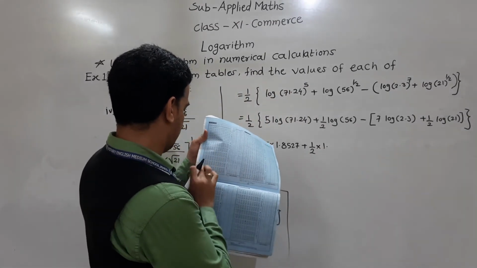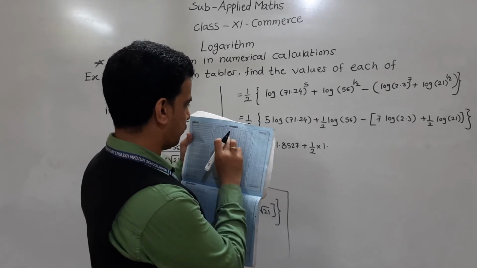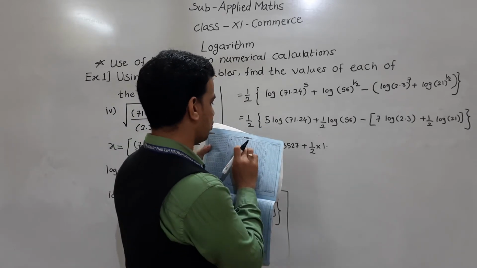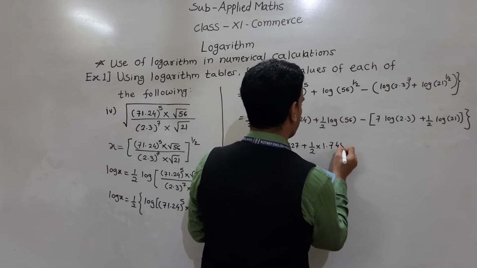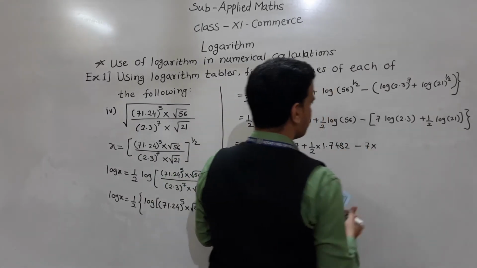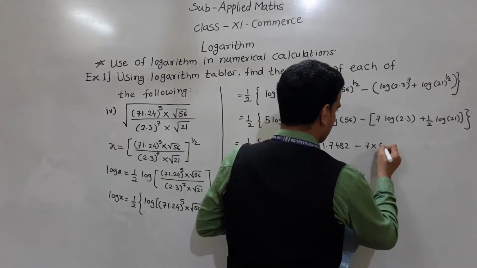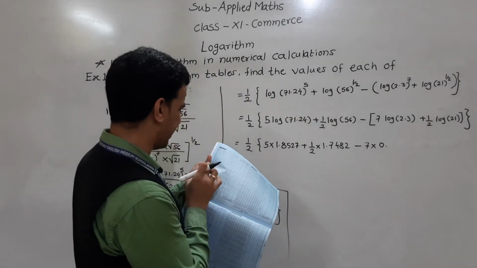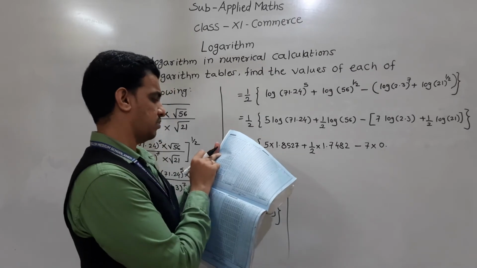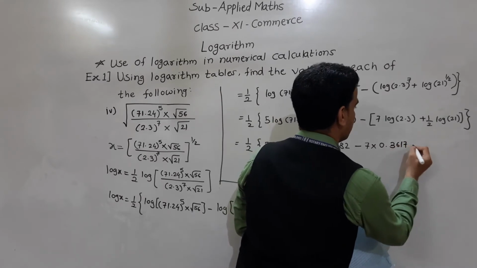So your characteristic is 1 point in 56th row, column headed by 0, it is a 7482. So 7482 minus 7 into log of 2.3. So characteristic is here 0 point in 23rd row, and that number is 3617.